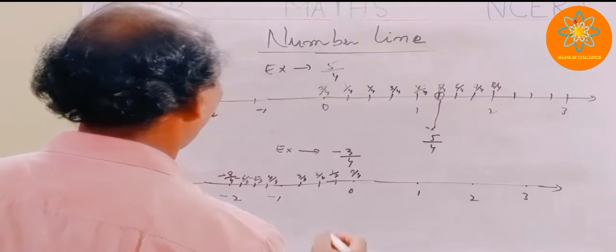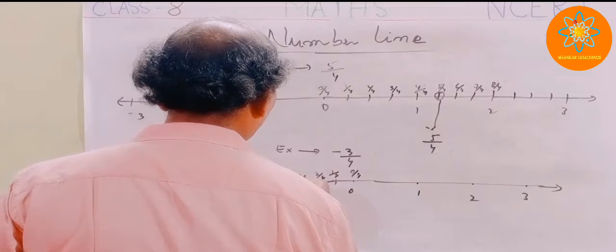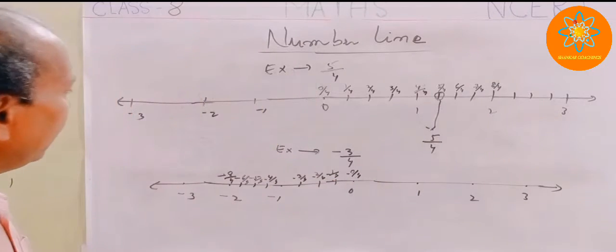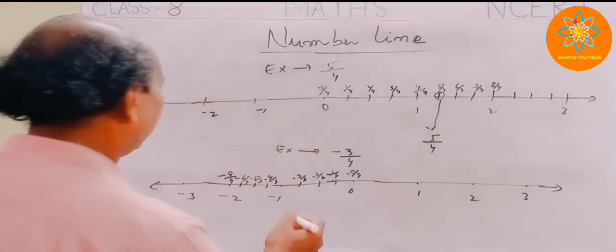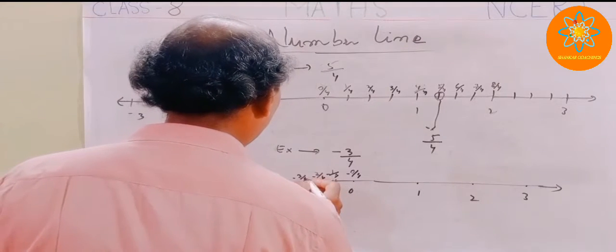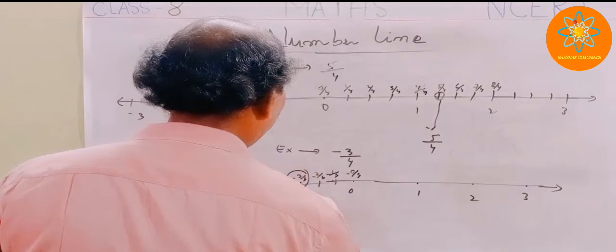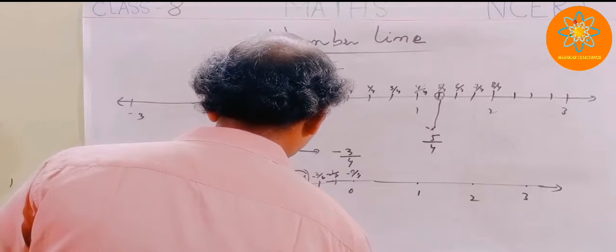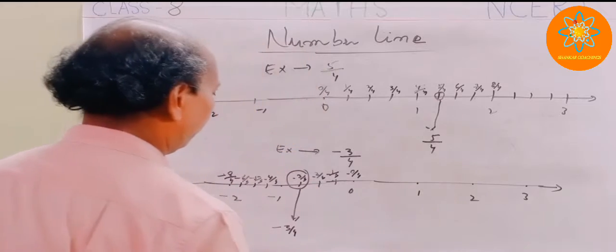So all are negative because this is on the left hand side. So where will I represent minus 3 by 4? Obviously minus 3 by 4 will be at this place. This is minus 3 by 4. So this is the representation of minus 3 by 4.